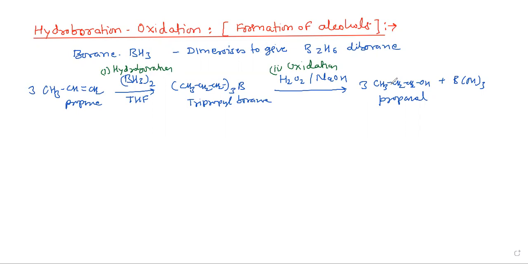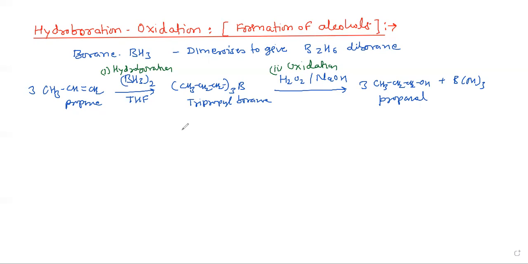So here, this addition of BH3 also occurs across the carbon-carbon double bond, and the initial product is the alkyl borane, which on further oxidation with H2O2 gives the alcohol.